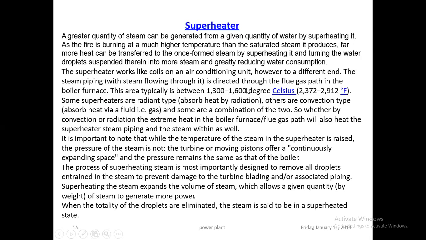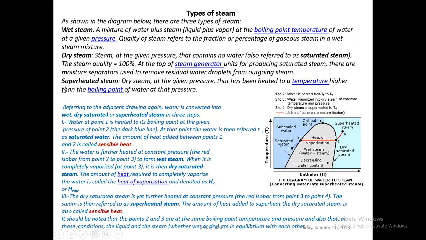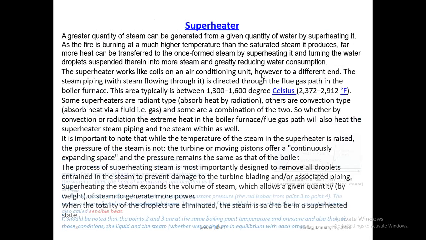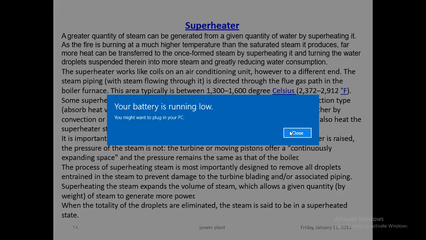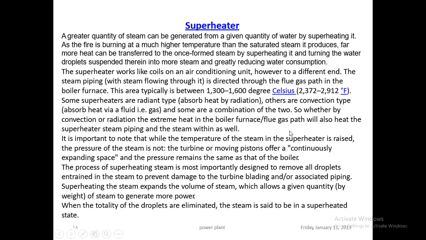That's the reason we need to add a superheater to make the wet or dry steam into saturated superheated steam. For this purpose, we need a superheater, and for the superheater the temperature would be 1300 to 1600 degrees centigrade. So I think you can imagine what kind of superheater we require at this level.